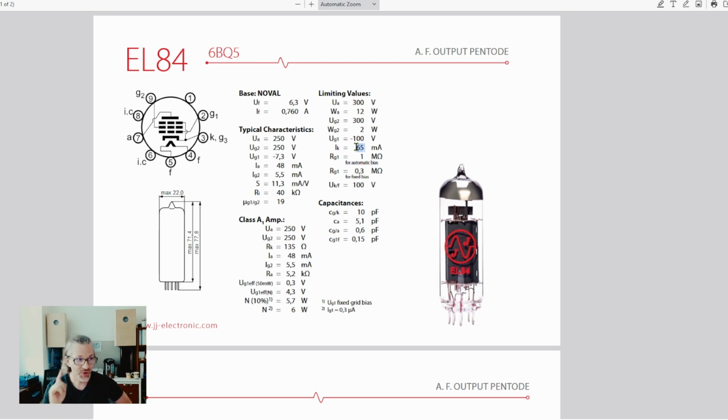However, you can exceed any of these values if you take the other two values much lower than that single value. So for example, you can exceed the plate voltage, which the AI recommended to exceed the 300 volts by approximately 320 volts.